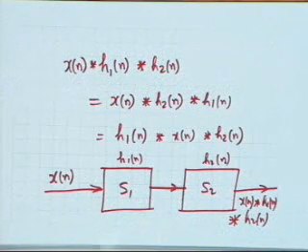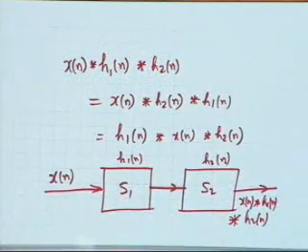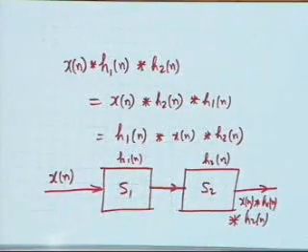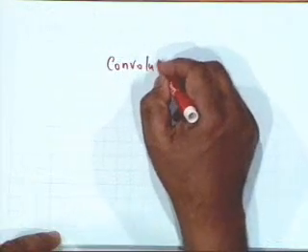In practice, however, it does matter, because most of the physical devices are non-ideal. For example, if these are two amplifiers, then the signal level is important. One of them may saturate. But if there are no such non-idealities, then it does not matter which order we put the two systems. The essence of this discussion is that convolution operation is commutative.